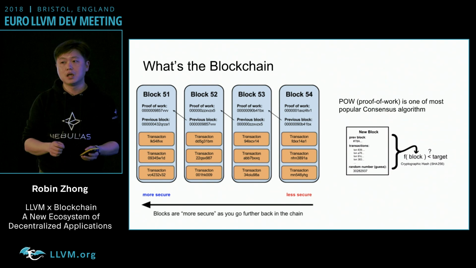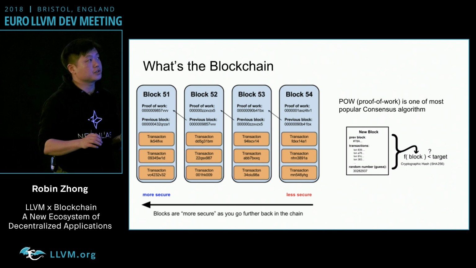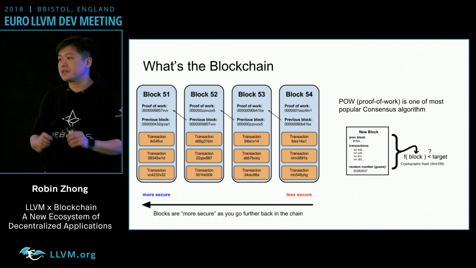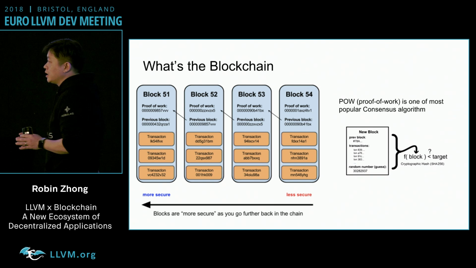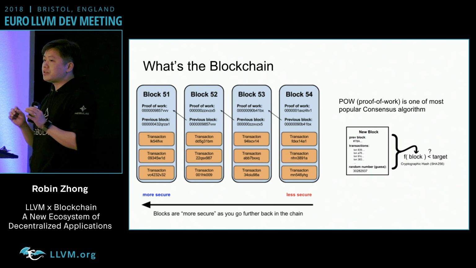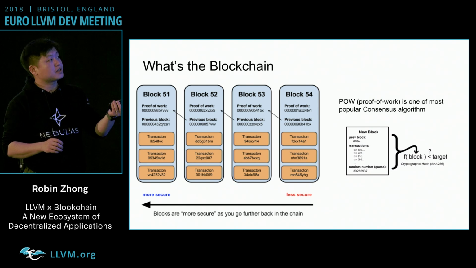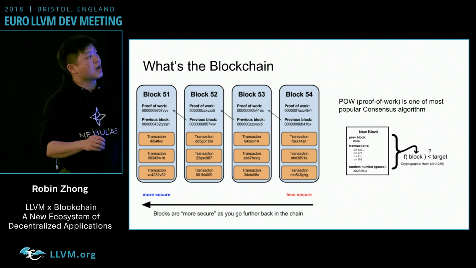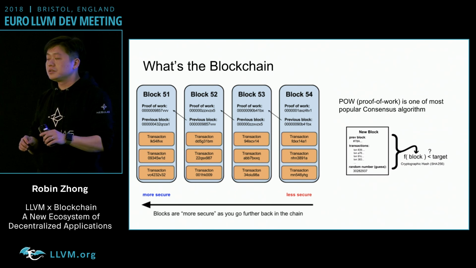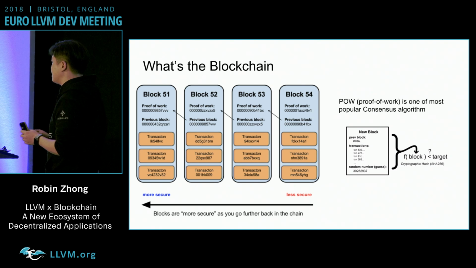So that's blockchain. From a technical view, there are several different technologies. As the name describes, there's a block that records all the transaction information, and all the blocks are linked in a chain. For example, there's a block and then another block, and the hash of the previous block is recorded in the next block.